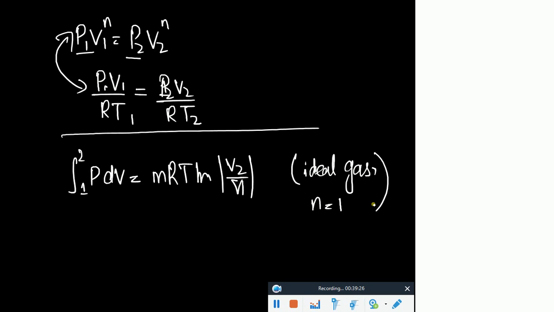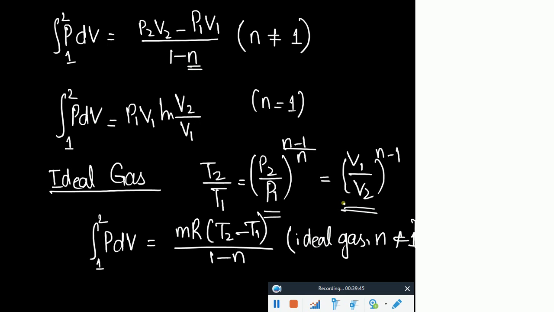Is that quite straightforward? Come on, if you have any question you can ask. Which one? This one? No, n is equal to 1. This relationship is valid for only this condition, when n is equal to 1.